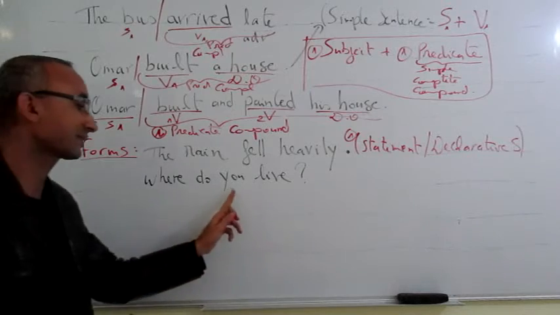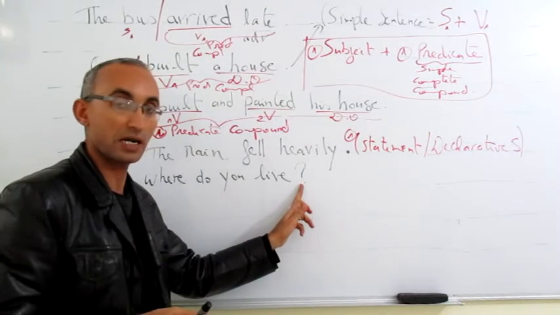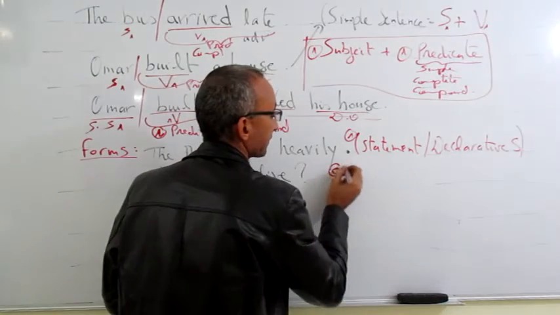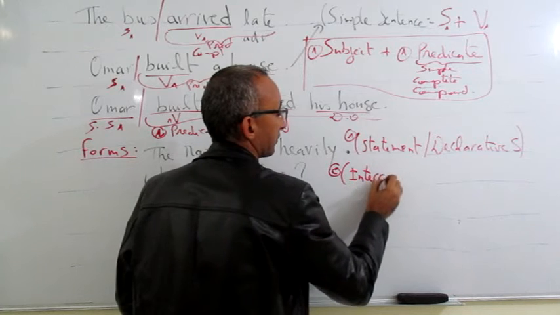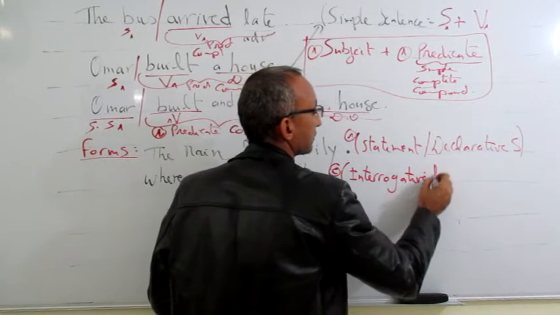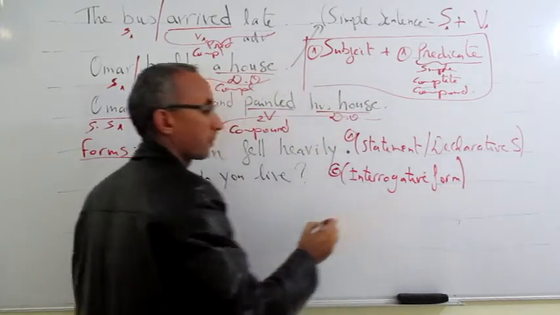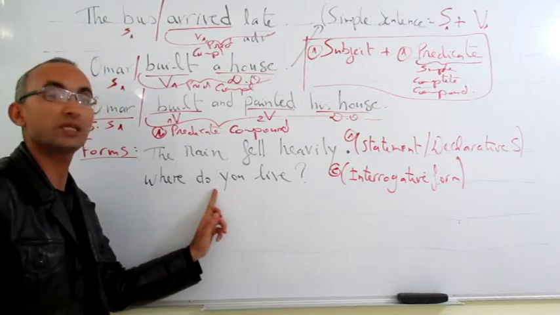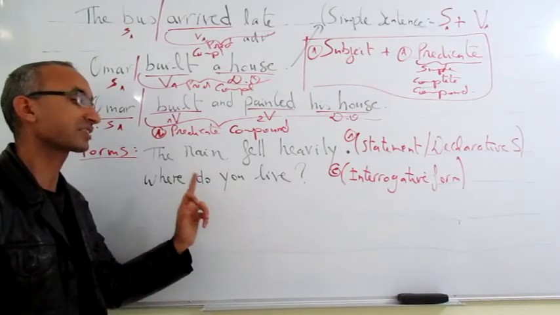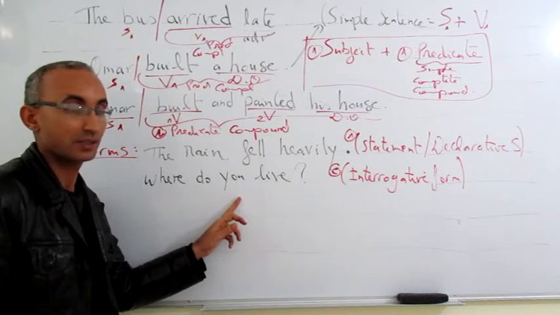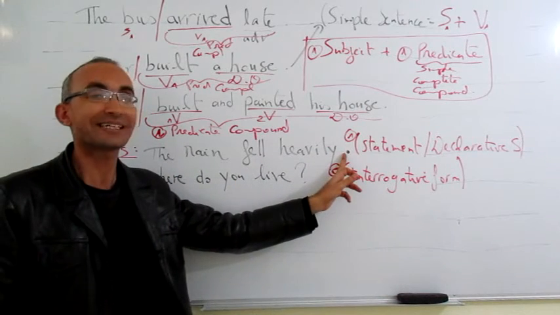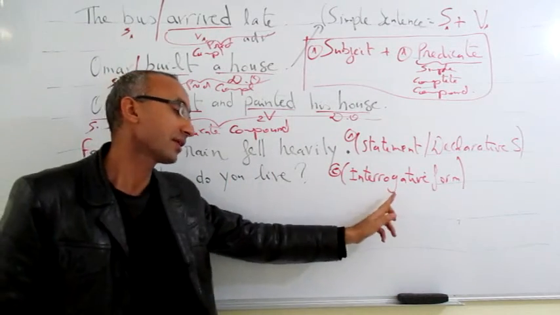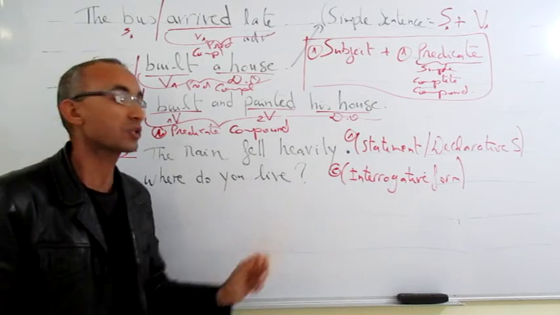Now, as long as this sentence ends in a question mark, it takes what we call an interrogative form. But only for direct questions, because the indirect question or the reported speech always takes the form of a statement. When the question is direct, it is interrogative and it ends in a question mark.